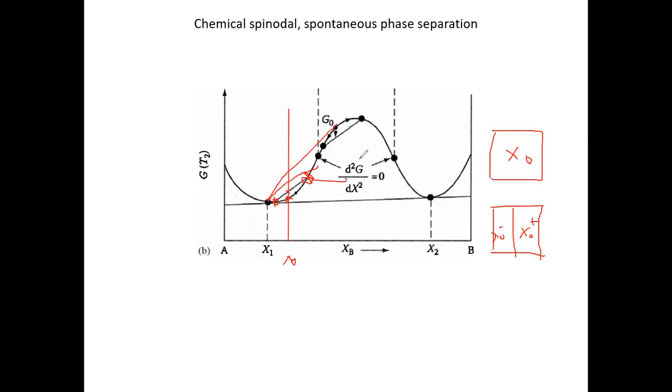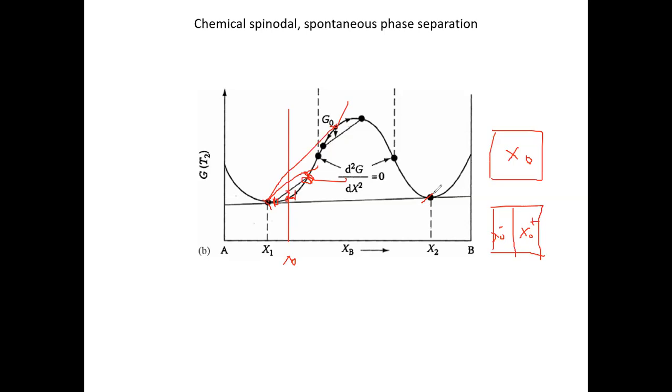So this implies that thermodynamically, I have chosen two different X naught, one in here and one in here. Thermodynamically, they're all within the range of X1, X2, which means that the system always has a tendency to separate.